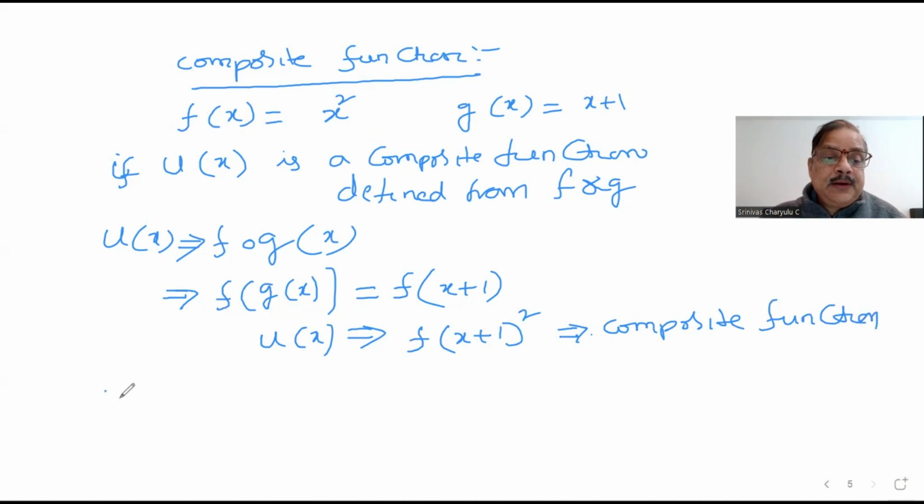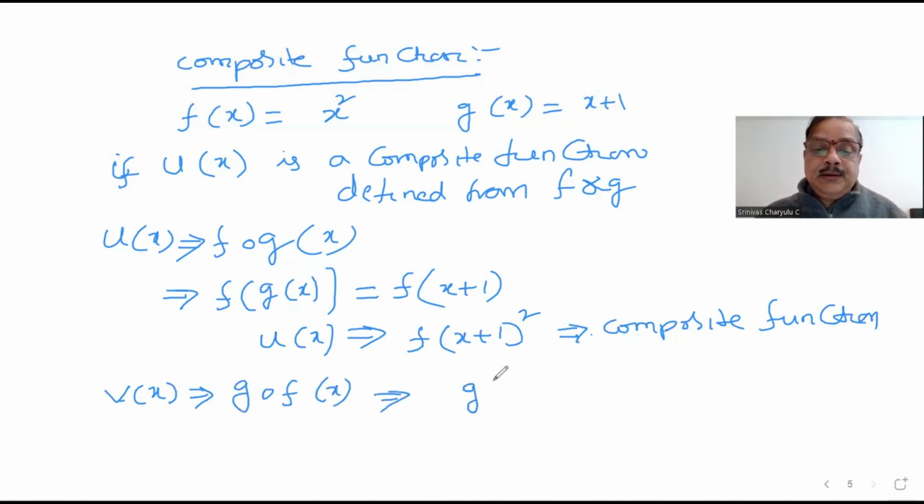Let me define one more composite function, the opposite: g circle f of x. This is nothing but g of f of x. Here, this means g of x square, because f of x is defined as x square.